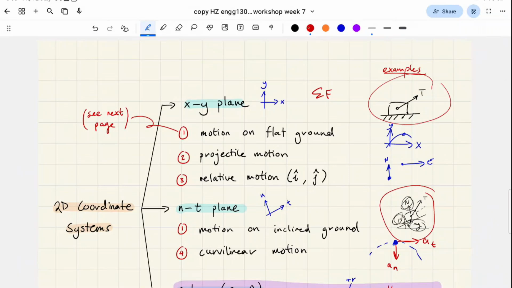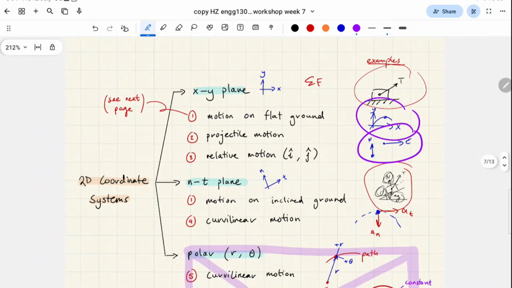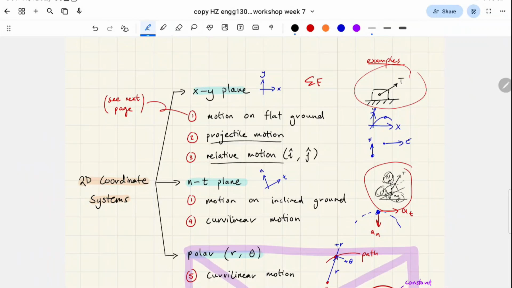What we really care about for kinematics is when we're just tracking the motion, without respect to the forces. But I'm just giving examples ahead of time on coordinate systems. These are the kind of coordinate systems you'll see next week as well.